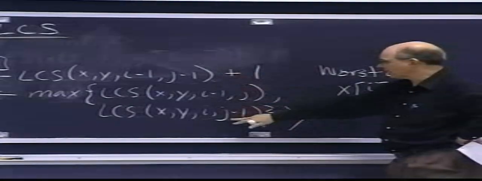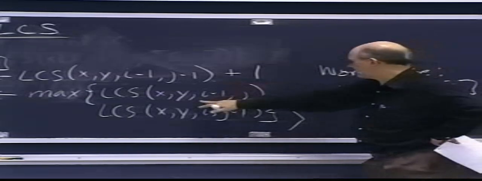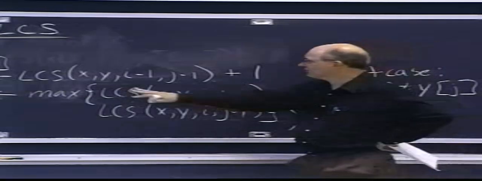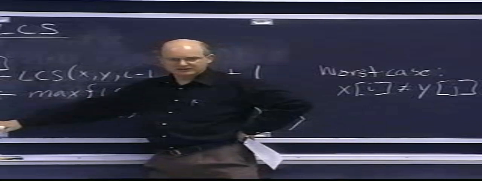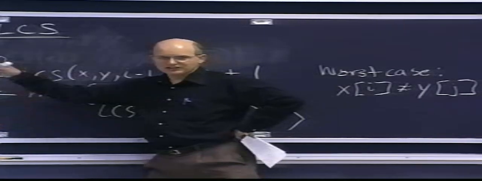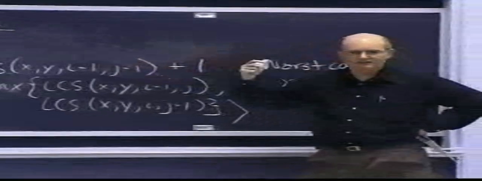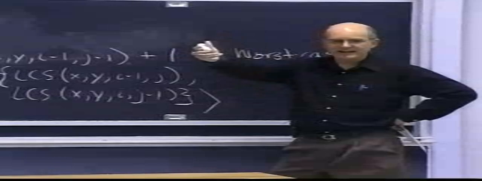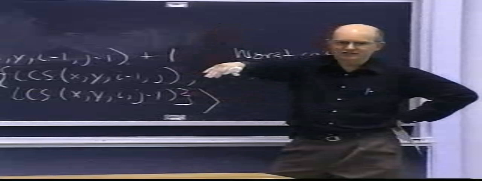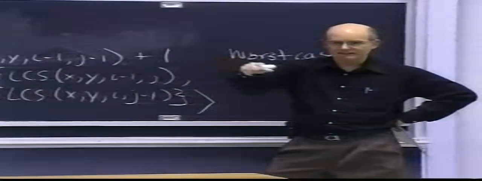If I charge the lookups, so I charge the lookup of i minus 1, j here to the ij computation, each cell ij is only going to have to look up at most 2 other cells. And then if any calculation goes on, those get charged to the cell which we're filling in.